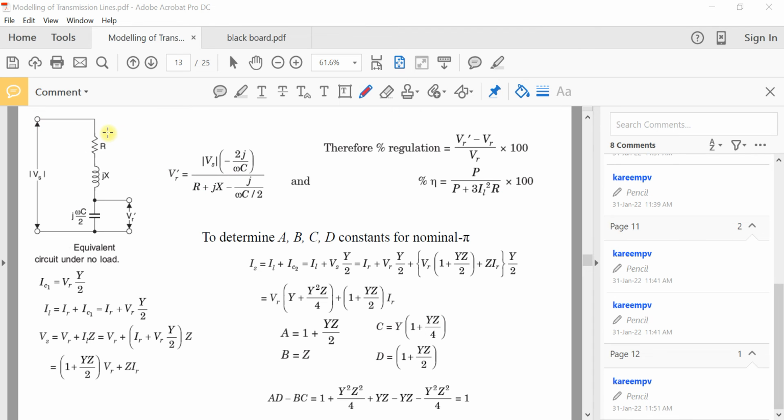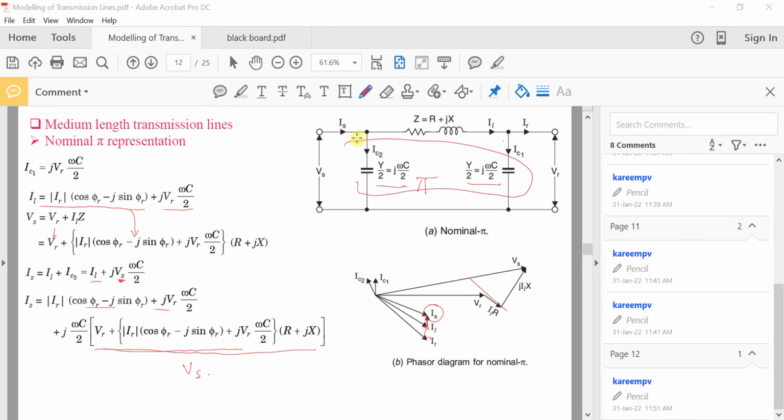Here you can see that Vs is available at this point, because even though some current will be flowing through this capacitor, it won't be affecting the terminal voltage at this point. So in between these 2 points, you have this voltage Vs. The equivalent circuit will be Vs connected with a series combination of this impedance and this, and we will be taking the potential difference across these 2 points in order to get the no load terminal voltage.